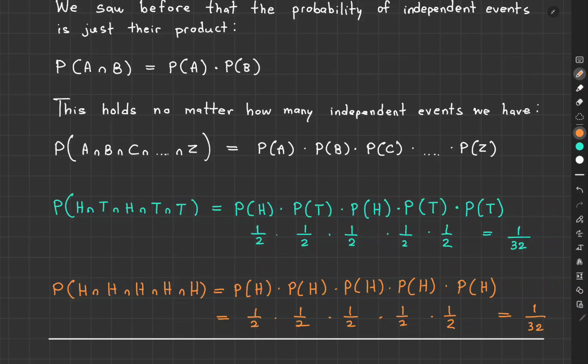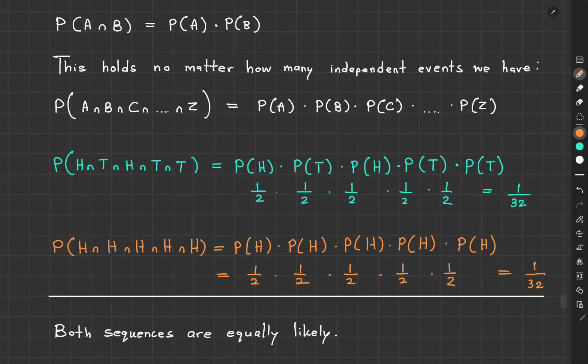So now, given our new formula of independent events, what we see is that both sequences are actually equally likely. This is the case because any specific sequence of events that we specify is going to be equally likely with coin tosses.